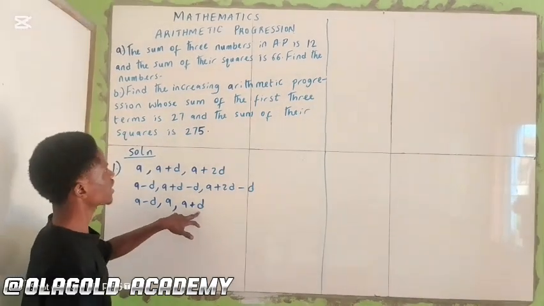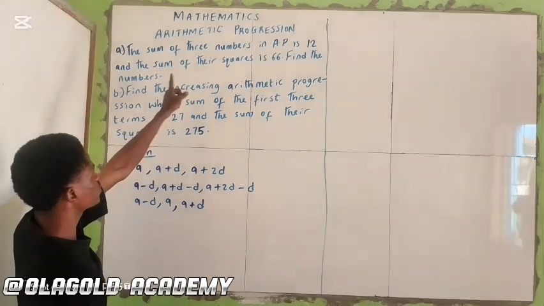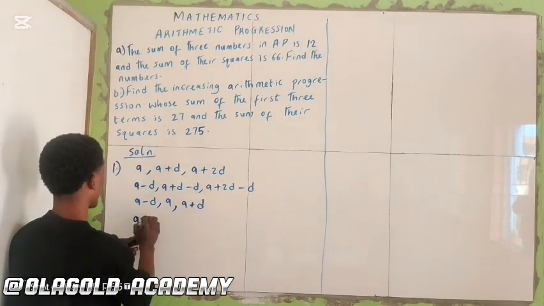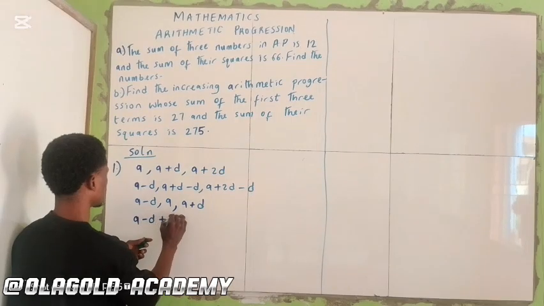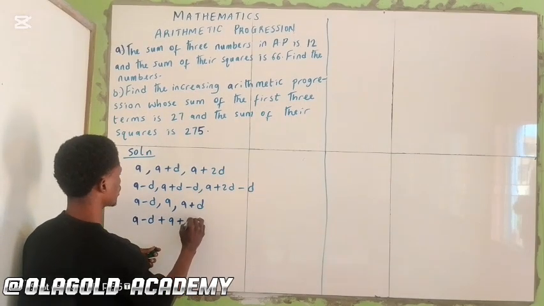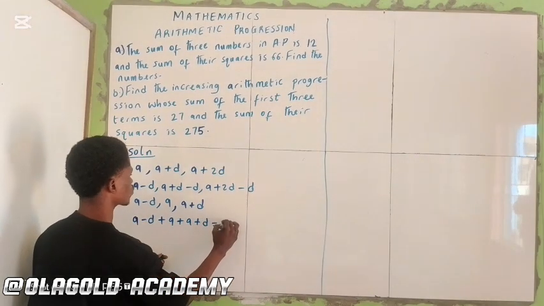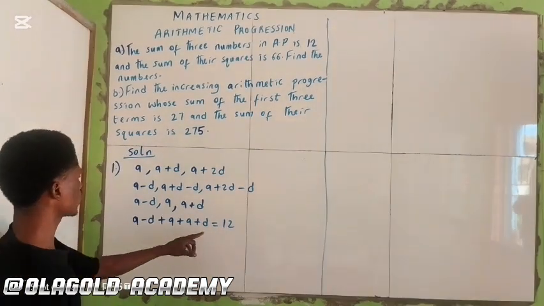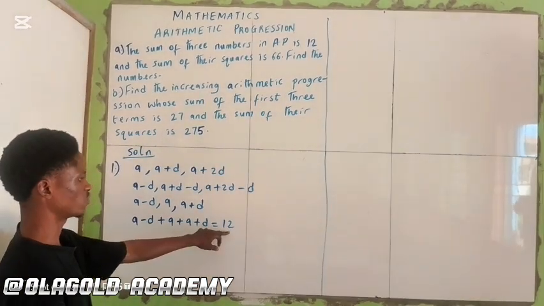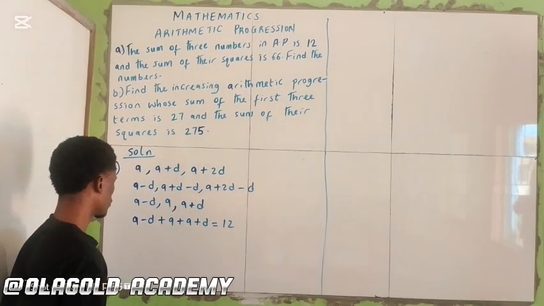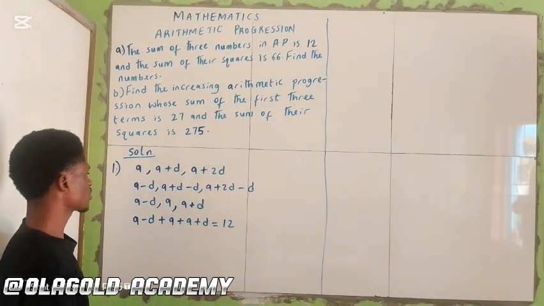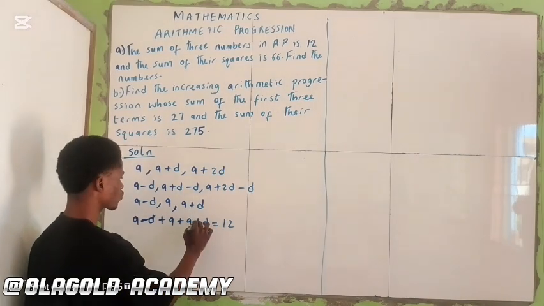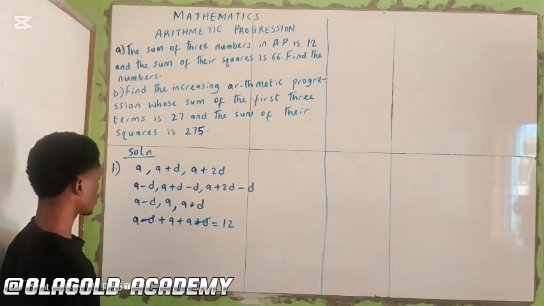We are told that the sum of the three numbers is 12. So we have A minus D plus A plus A plus D equals 12. The sum of these three numbers in the AP will give us 12. If that is true, what's the next thing we are going to do? Minus D will cancel out plus D. What next?